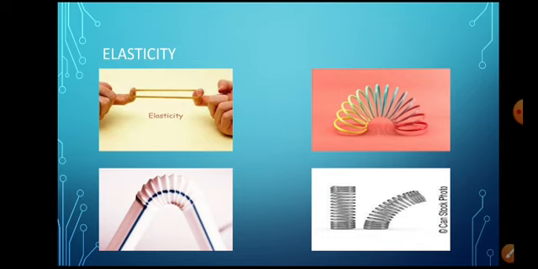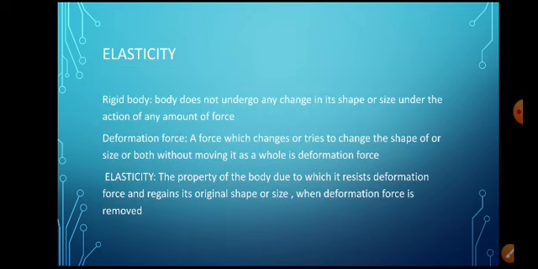It becomes very small and the rectangular shape changes to different shapes and sizes. When I remove my force with my fingers, it comes back to its original shape, right? So due to the internal resisting opposing force, the body regains its shape and size.